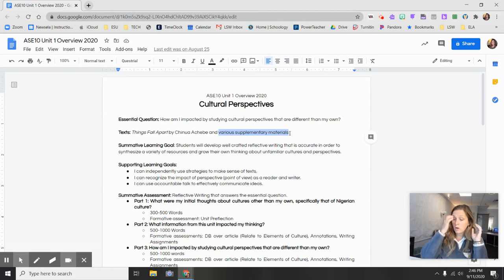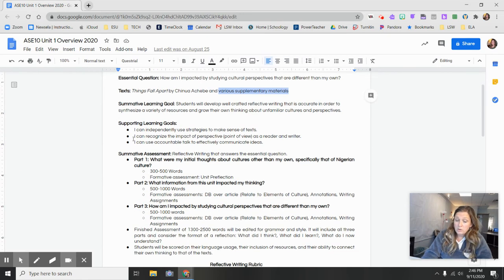Now, we are also going to be focusing on some very specific learning goals. I want you to independently use strategies to make sense of text. That's a reading skill we're going to focus on. Next, the impact of perspective or point of view as a reader and as a writer. You're going to notice it in Achebe's work, and then you're going to use it in your own writing.